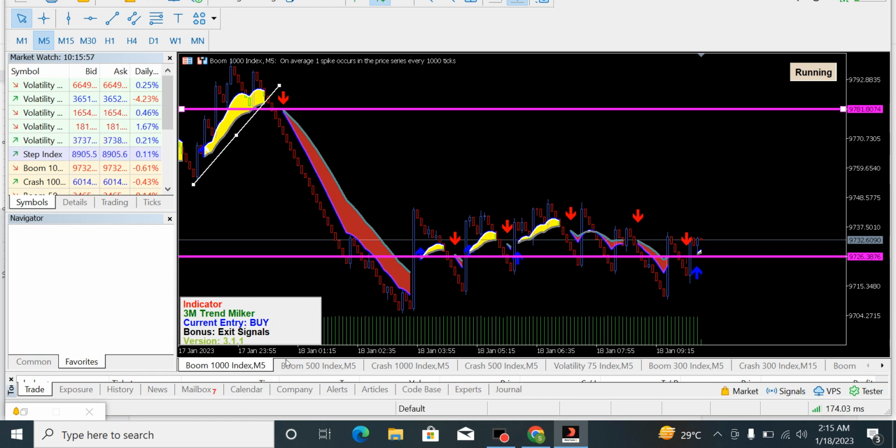This is a very good example. Here I'm having the 3M Trend Milka trading indicator on the chart, and it is giving me the trend of the market. When it is having a red flag like this, it shows that the market is on downtrend. When it is having a yellowish flag like this, then it shows that the market is on uptrend at that particular point. And this has been on uptrend for a very long time, and it has been spiking and spiking.